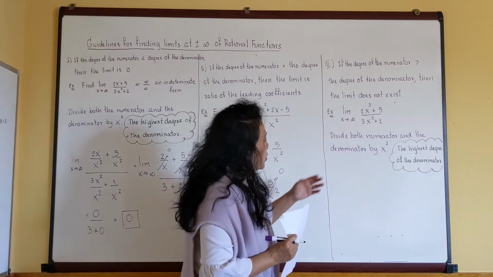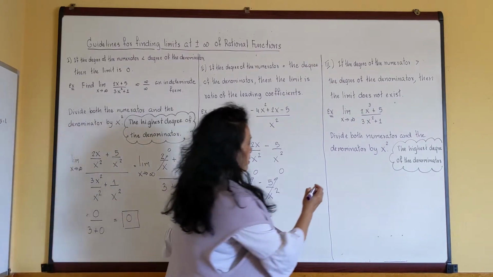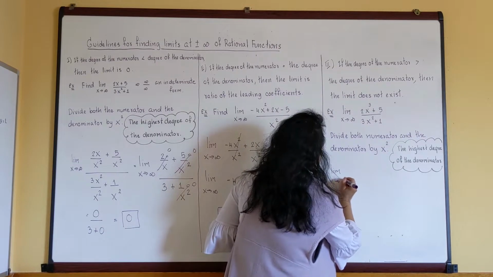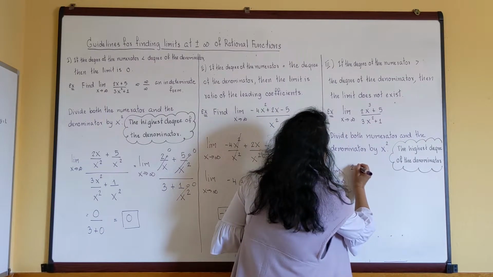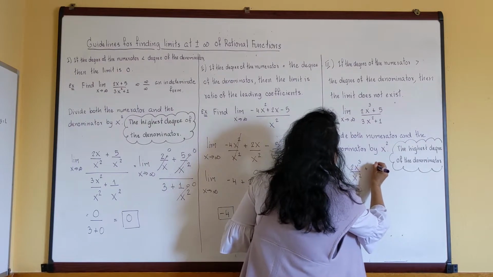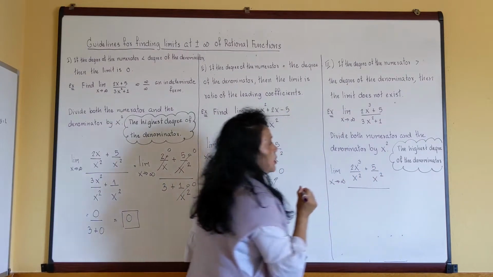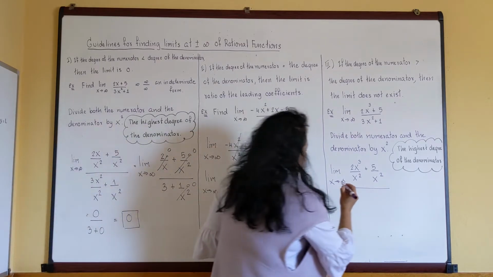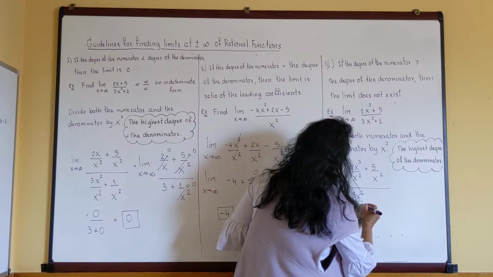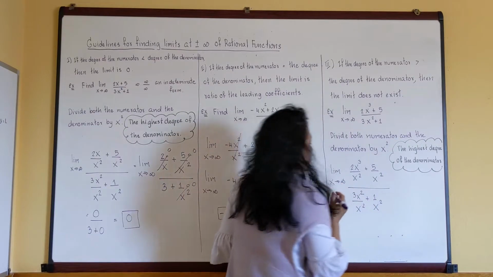I will divide both numerator and denominator by x squared. Then I would have the limit as x goes to infinity, 2x to the cube over x squared plus 5 over x squared. That's only the numerator. The denominator, I would have 3x squared over x squared plus 1 over x squared.